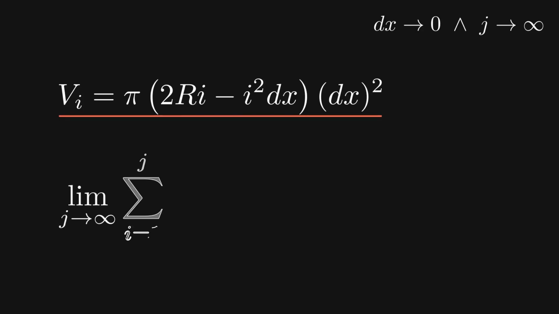Now we're going to be looking at a sum ranging from i equals 1 to j, where j approaches infinity, of all of those volumes. So we'll be summing every single cylinder from the first cylinder to the infinite cylinder. Let's substitute Vi.